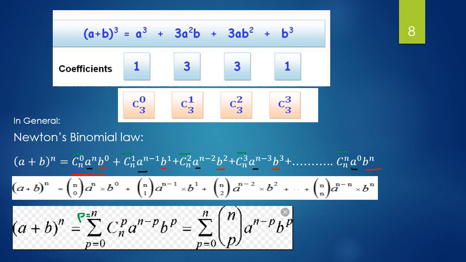Then if p equals 1, we get C(n,1) a^(n-1) b^1. If p equals 2, we get C(n,2) a^(n-2) b^2, etc. Then if p equals n, we get C(n,n) a^0 b^n.